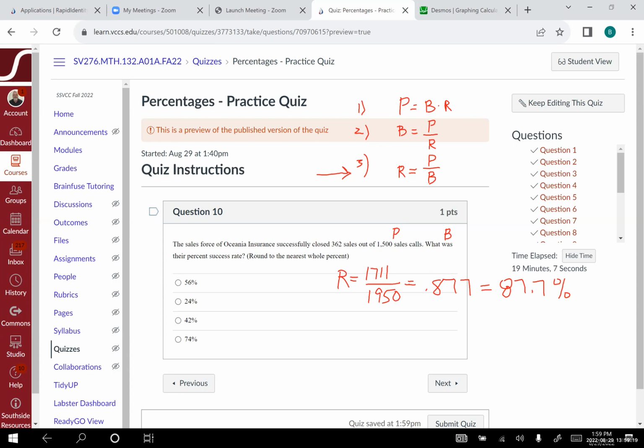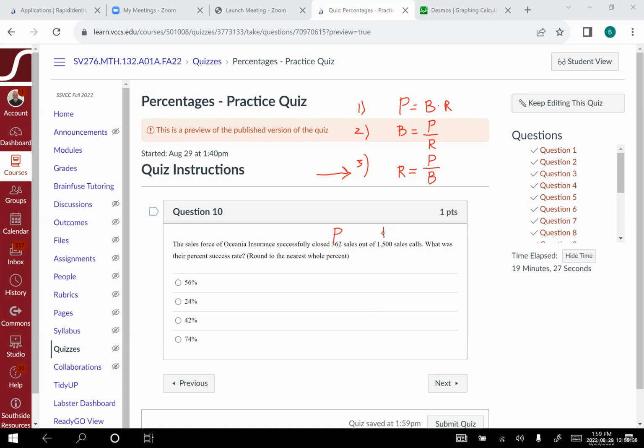Are we still using the rate formula? Let's see here. Yeah, it looks like we're using the rate formula, doesn't it? And which one is the part and which one is the base? The part is 362. Very good.